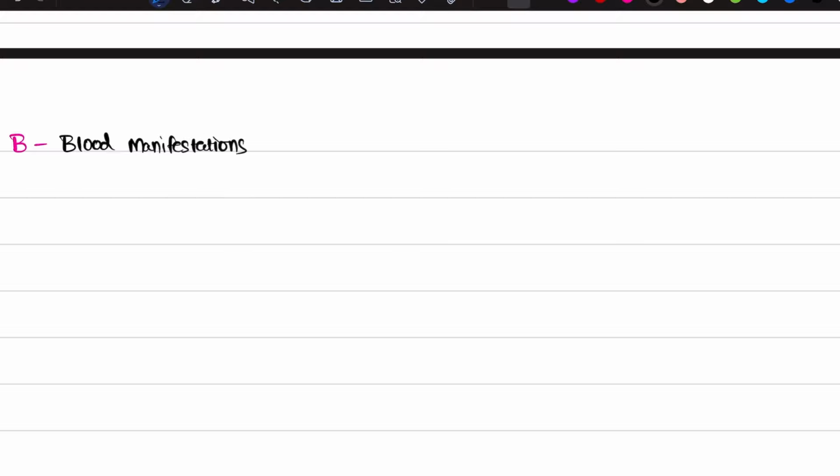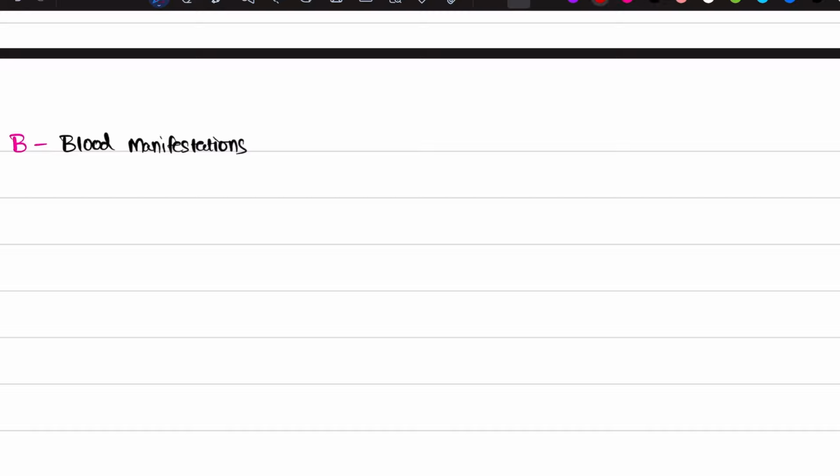In blood manifestations, it also forms antibodies against the RBCs, WBCs and platelets. So there is pancytopenia. Pancytopenia means all the blood cells are decreasing. Pan means a pan India movie, meaning the movie was released all over the world. That's how pancytopenia works. The pan, the whole class of cells, RBCs, WBCs and platelets are decreasing.